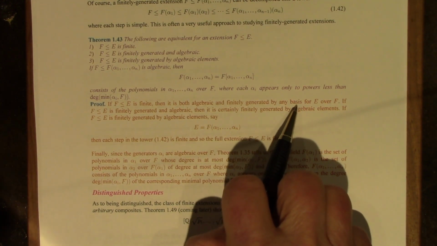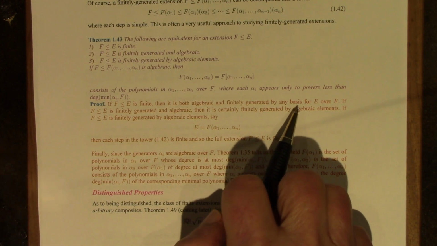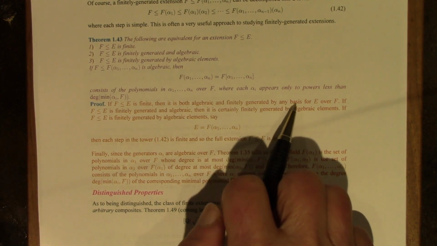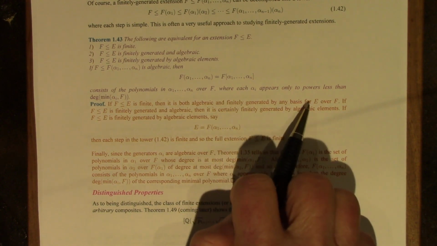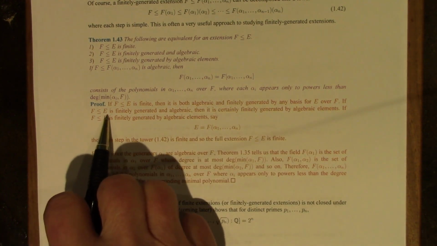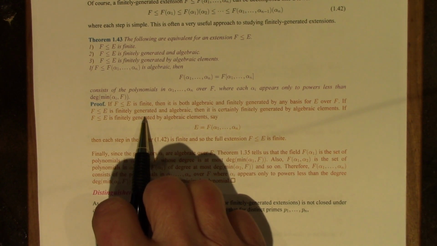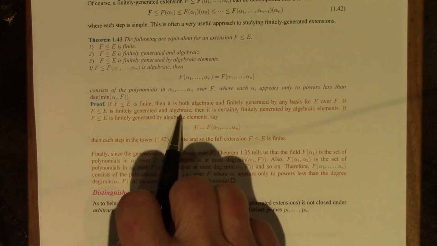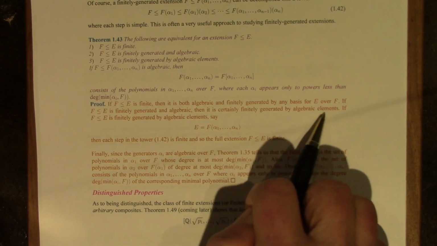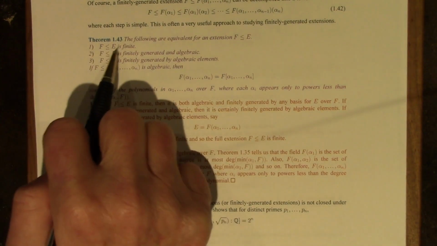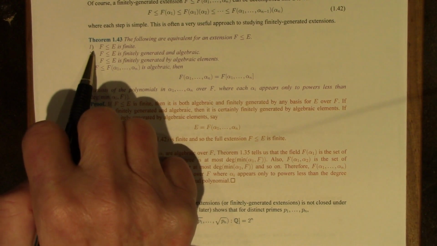Every element is a linear combination of basis elements, but we can think of it simply as field generation. If E over F is finitely generated and algebraic, then it's certainly finitely generated by algebraic elements. So we said that 1 implies 2 and 2 implies 3.